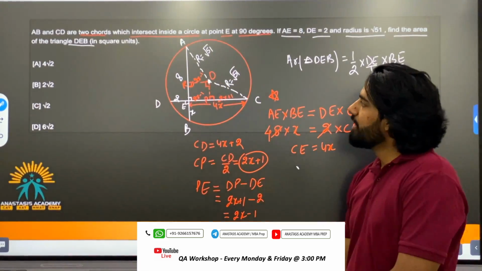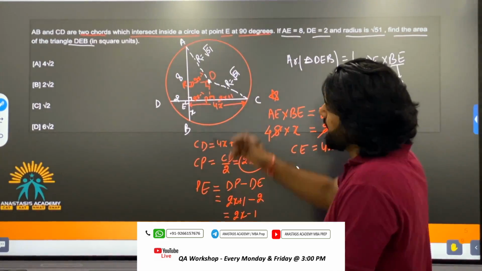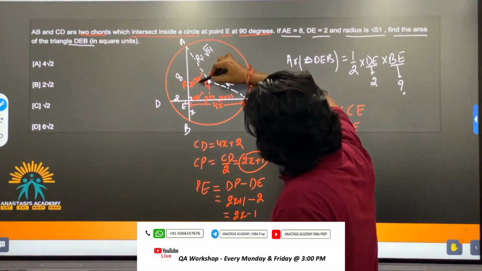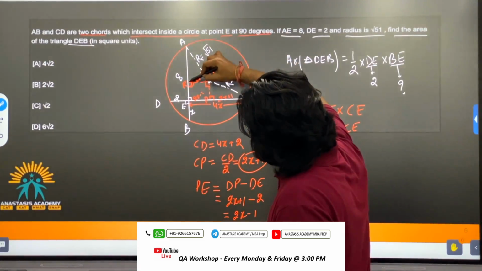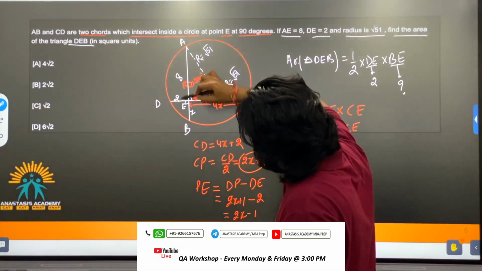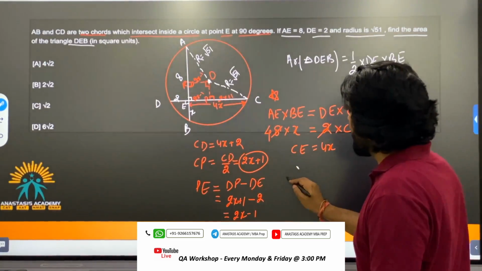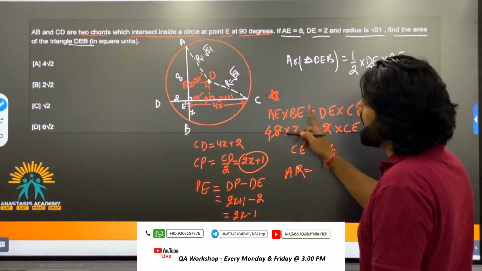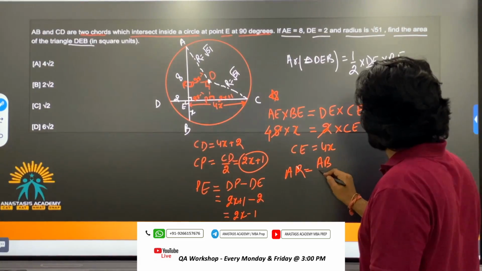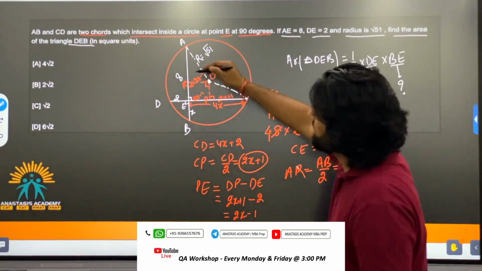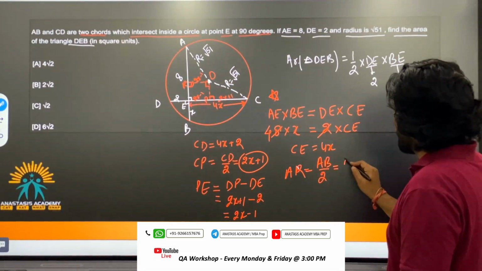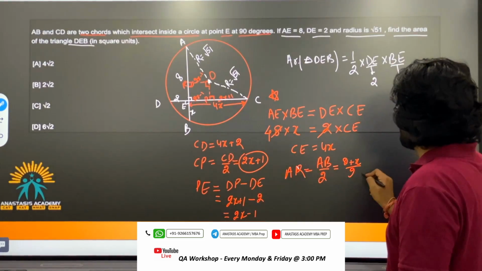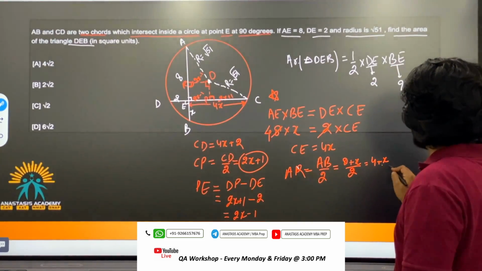Now I know this distance AR, which is half of chord AB, and AB is 8 plus x, so AR is 8 plus x by 2, which becomes 4 plus x by 2.